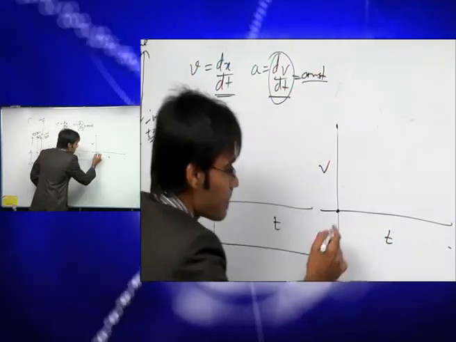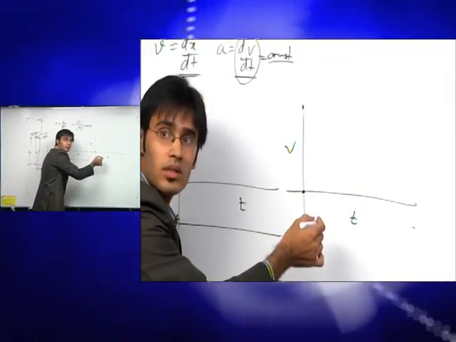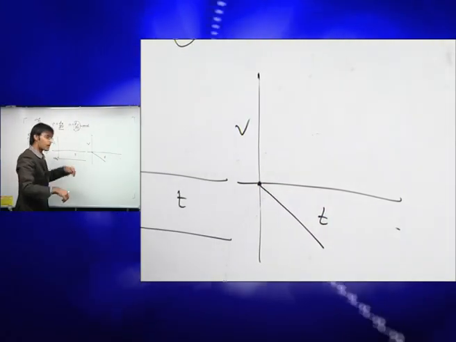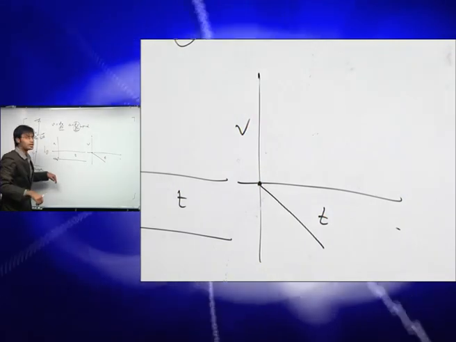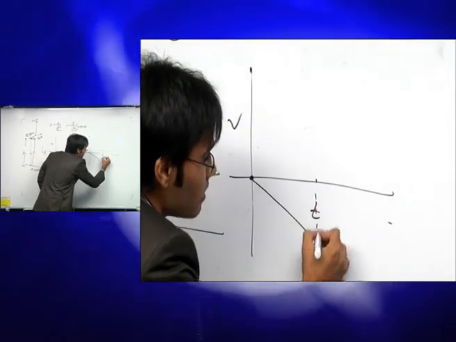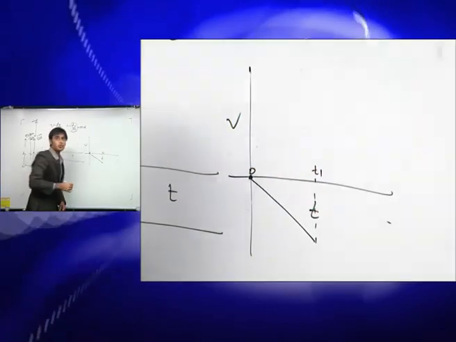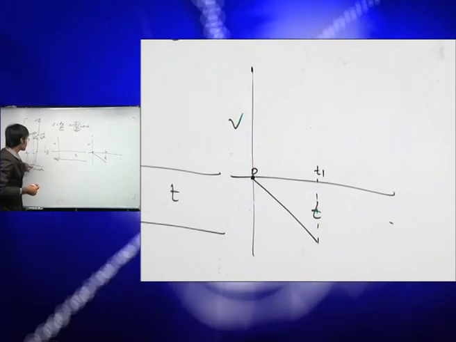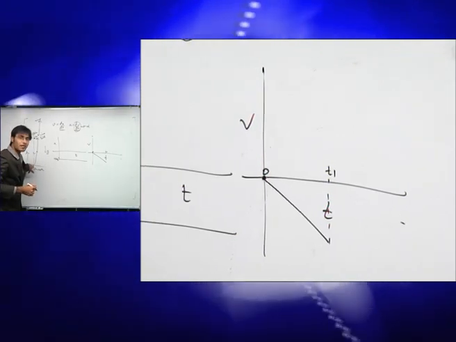So will it go upwards or downwards? It has to go downwards, because this negative direction is downwards and it is moving in the downward direction with increase in velocity. This will hold for the first half of the journey, that is 0 to t1. This is the point when it is about to strike the ground.